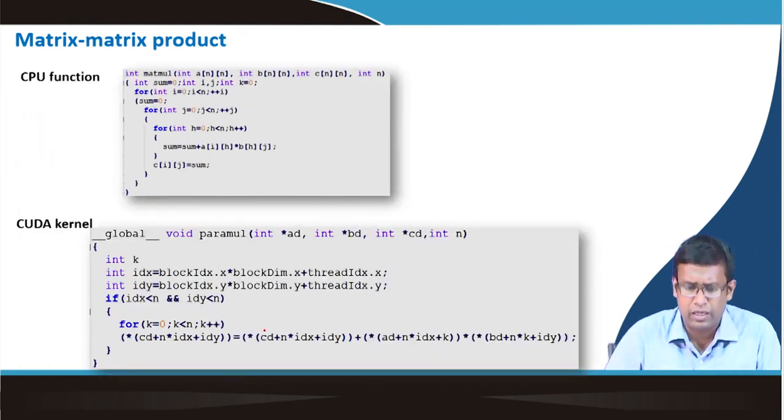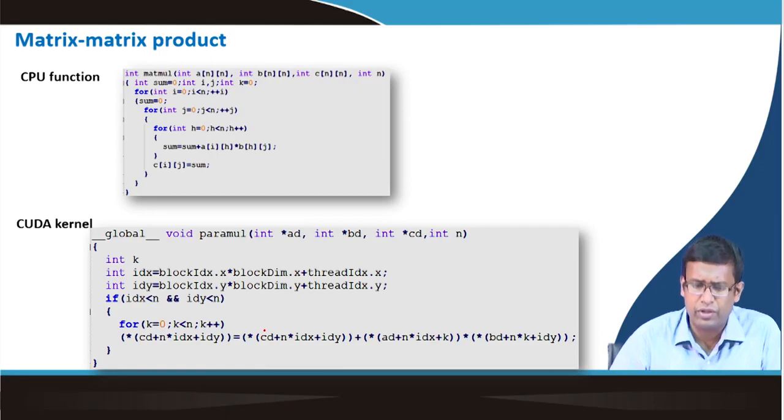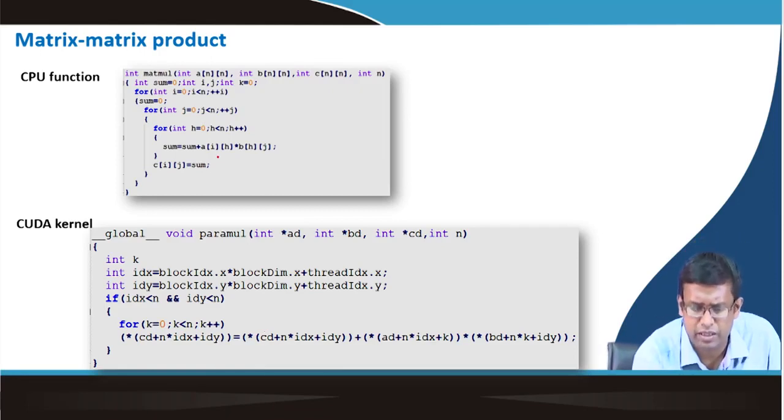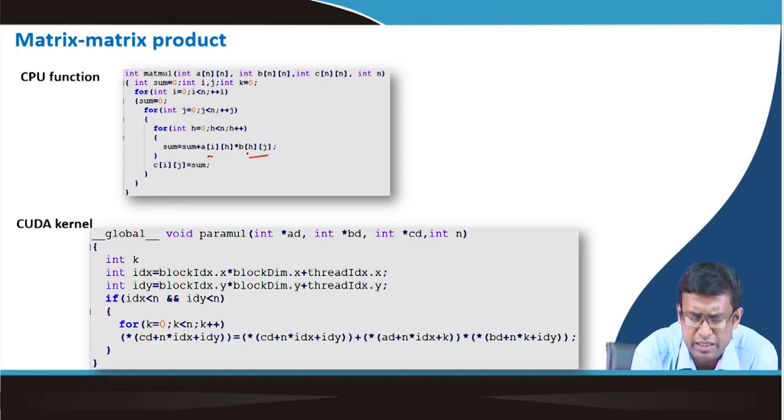In a matrix product, when we think of it on the CPU, we take a row of the left hand side matrix and a column of the right hand side matrix, take a dot product between them, and make that the corresponding element of the product matrix.